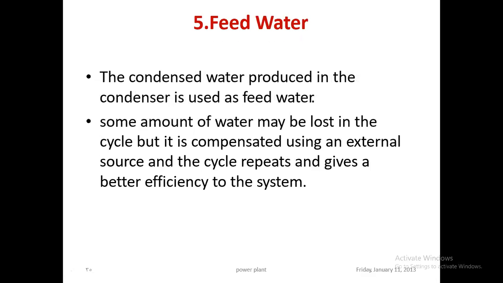Feed water is the fifth part of this steam turbine plant. The condensed water produced in the condenser is used as feed water. The water which remains after the steam rotates the turbine is further fed back for the cyclic process, to turn the water again into wet steam, dry steam, superheated steam, and further into the steam chamber.